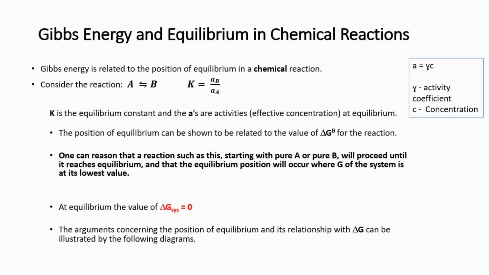At equilibrium, the value of the free energy change for the system will be equal to 0, and that is the free energy change of the system, not the standard free energy change, but the free energy change of the system.